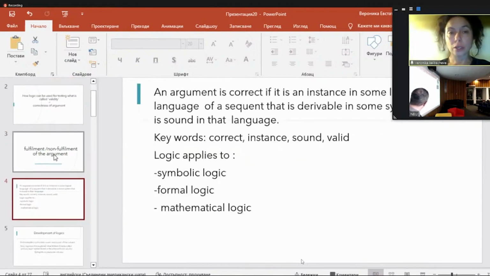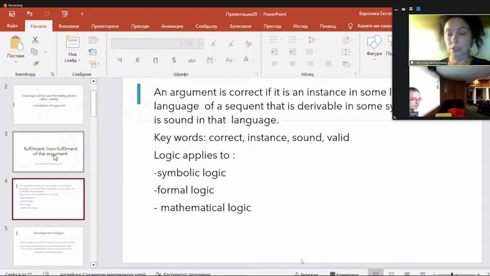So an argument for Christopher Kirwan is correct if it is an instance in some logical language of a sequent that is derivable in some system that is sound in that language. The key words here are correct, instance, sound, and valid.